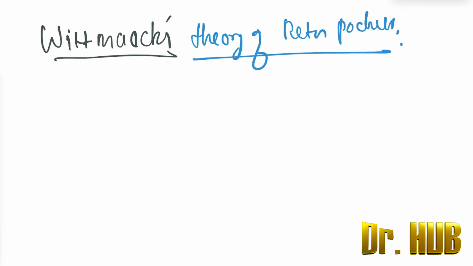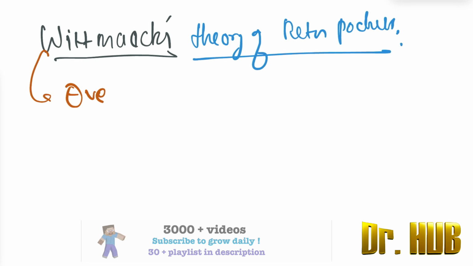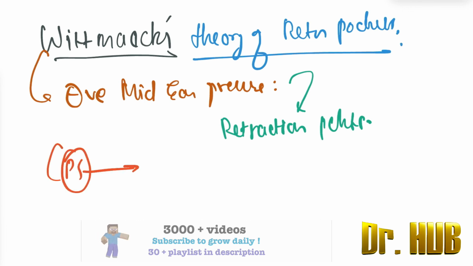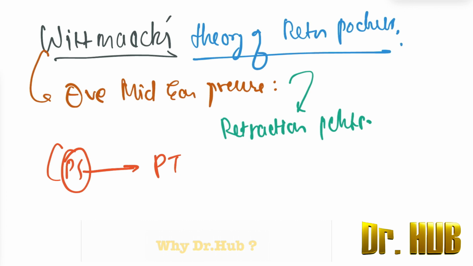There is a negative middle ear pressure, and this leads to the formation of retraction pockets, usually in the posterior superior part of the pars tensa as well as the pars flaccida.